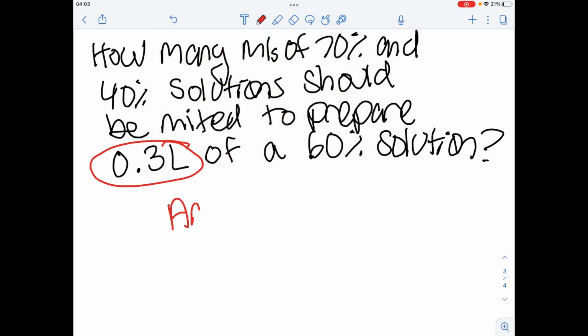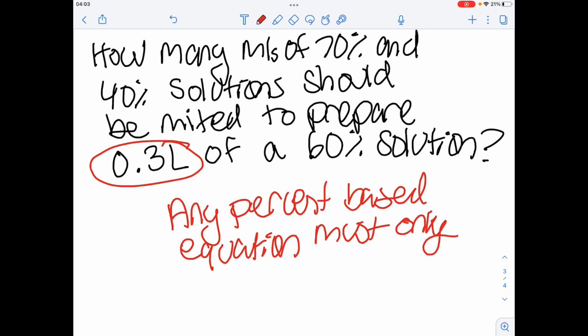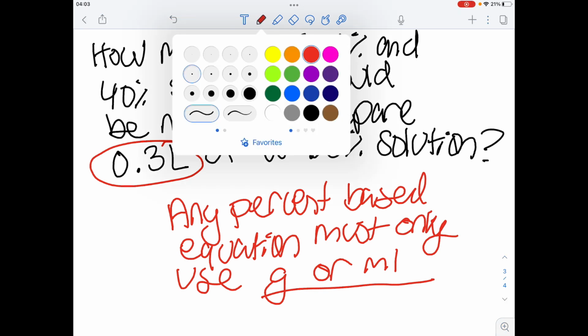Remember, any percent-based equation must only use gram or milliliter. So liter, we would need to convert to milliliter before we can solve. So, let's do that.